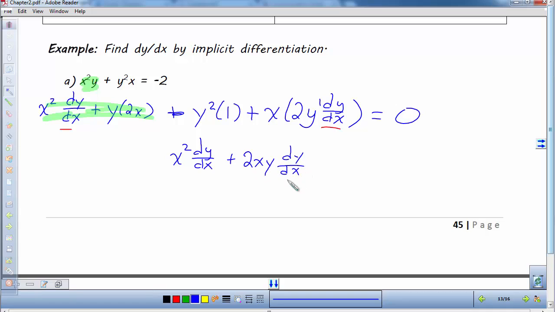Okay, I just rearranged the order of these factors. Okay, equals negative 2xy minus, this is a y, minus y squared. Okay, I can factor out dy dx right here.